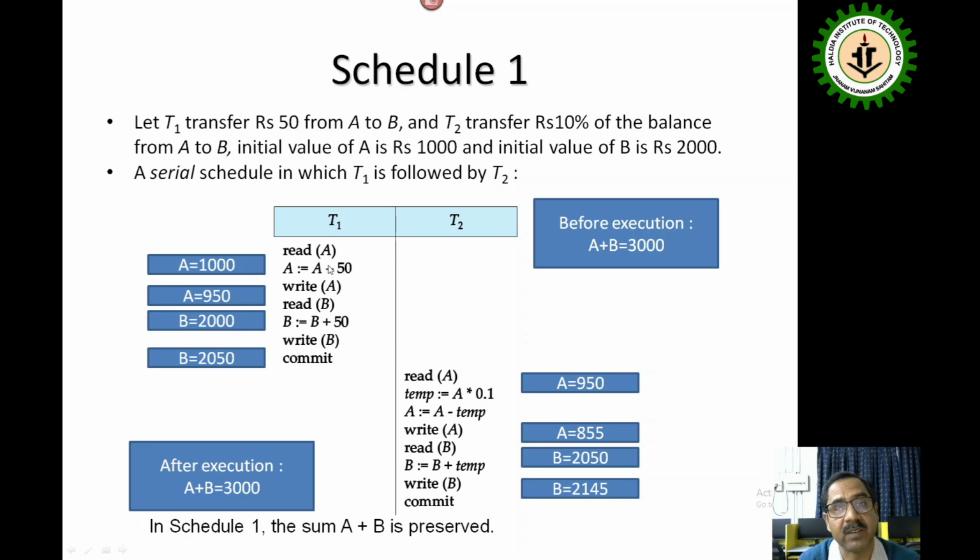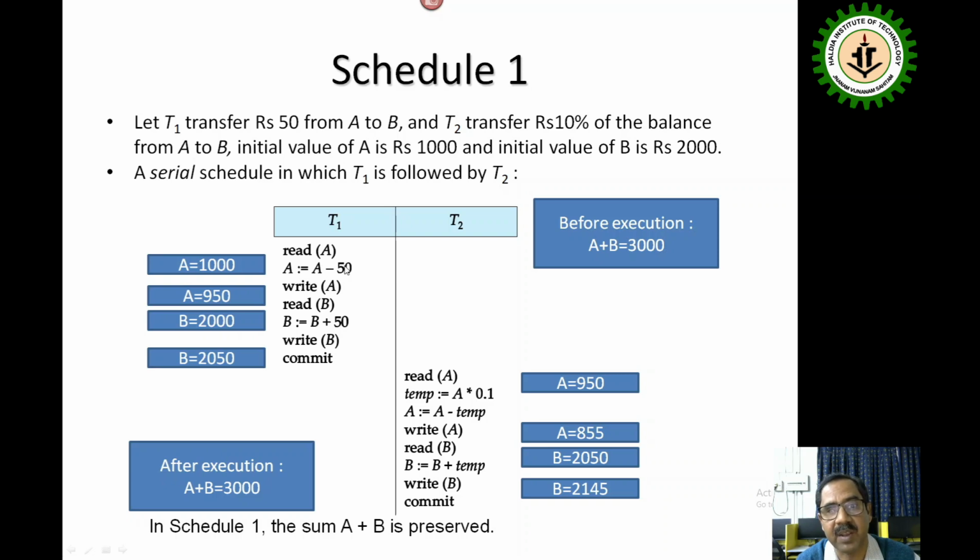So here T1 first reads the data item A. T1 reads the value of A, which is the initial value. Here we assume the initial value of data item A is 1000. So read A, A equals 1000. Then there is a computational step, A equals A minus 50. That means transaction T1 transfers rupees 50 from account holder A to B. Since T1 transfers rupees 50 from A to B, A must be debited.